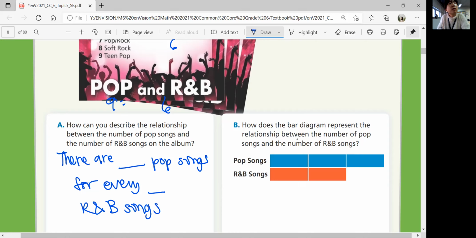Nine to 6. If you simplify, you divide it by 3 on both sides. You get 3 and 2. For every 3 pop songs, you have 2 R&B songs.